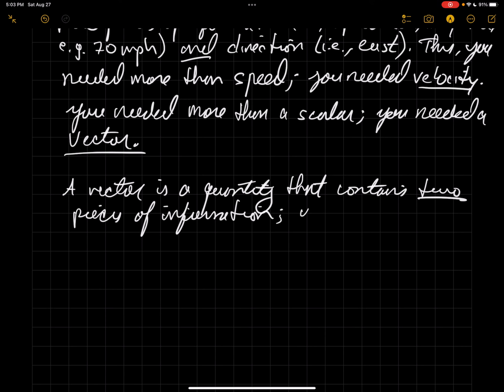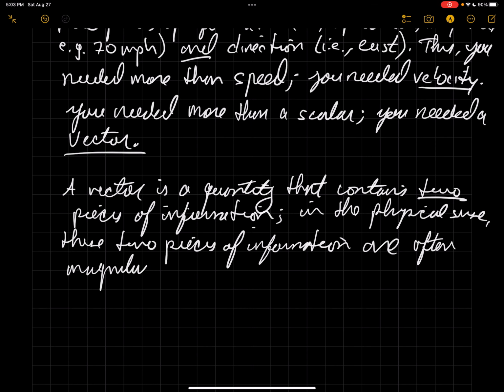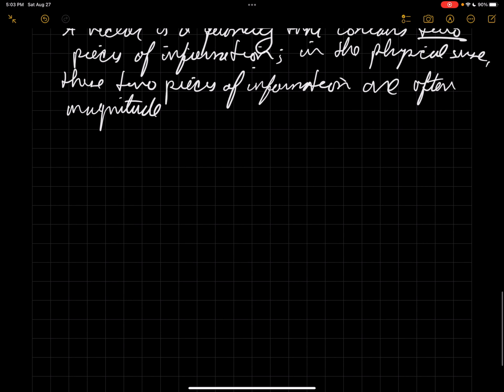In the physical sense, these two pieces of information are often magnitude, that is how much there is of something, which in the two examples that we used was either the 100 foot-pounds or the 70 miles per hour.